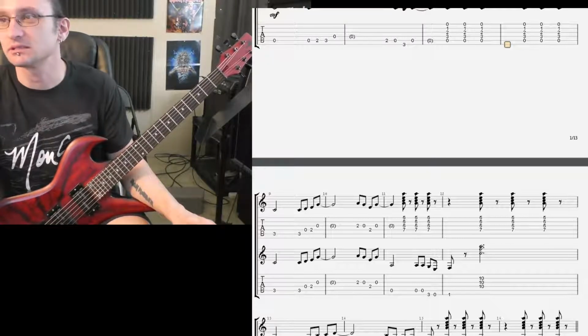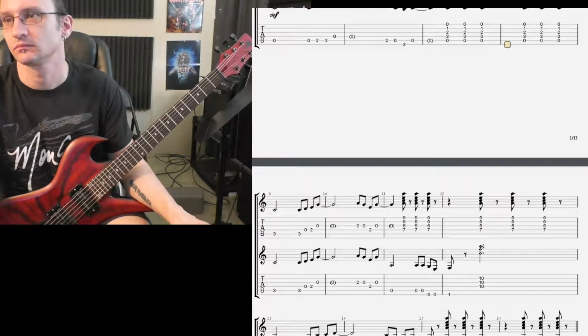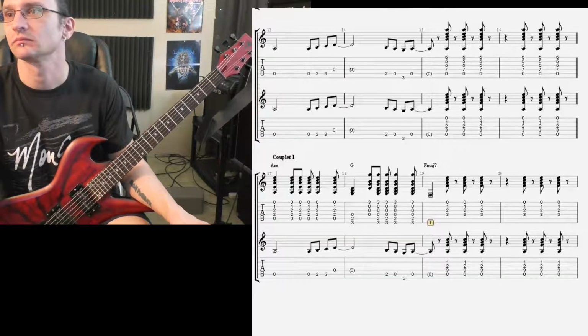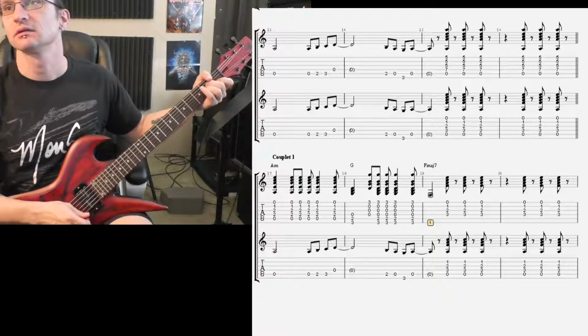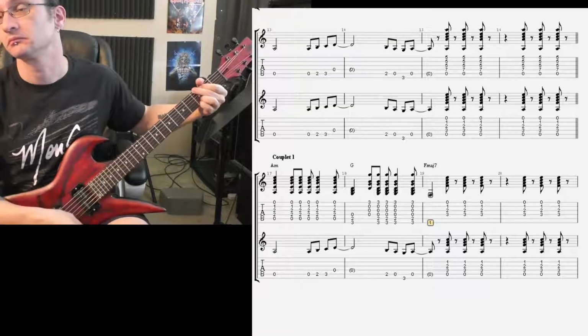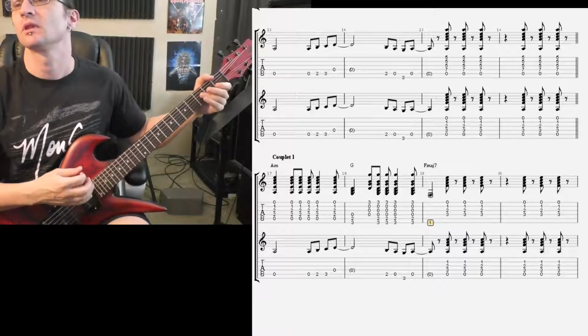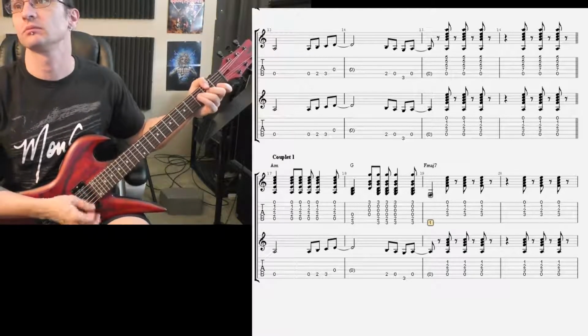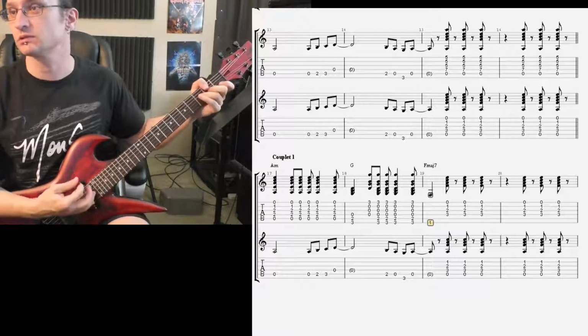All right, let's see. Measure number 19. So, yes, that is an F major 7. That'd be 1, 2, 3, 4, 1, 2, 3, 4.